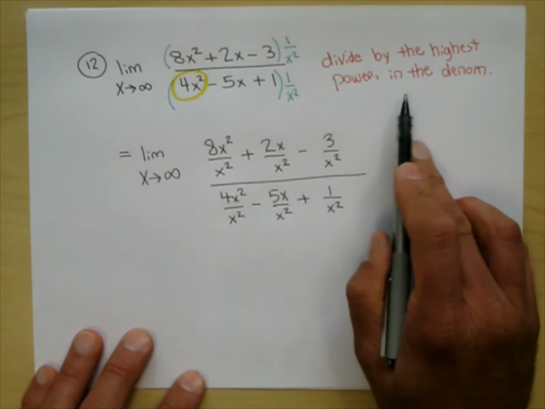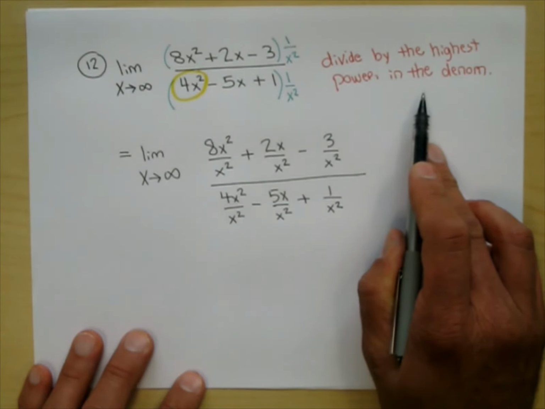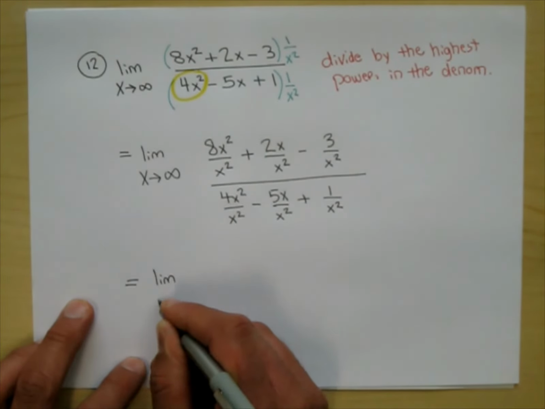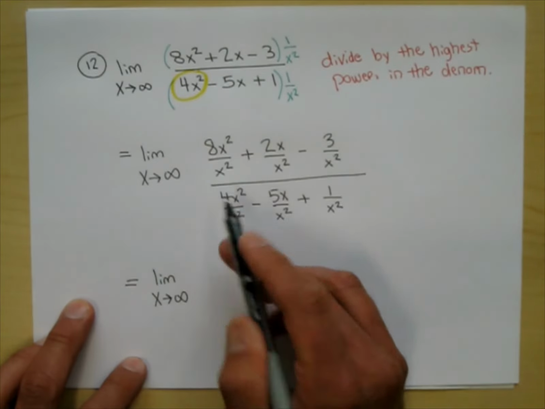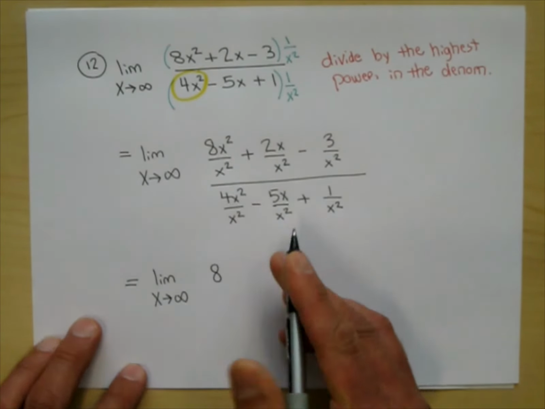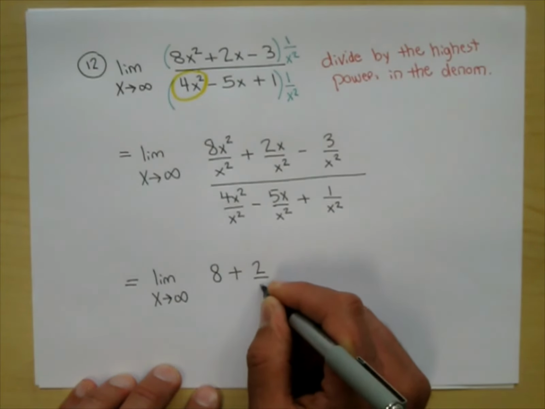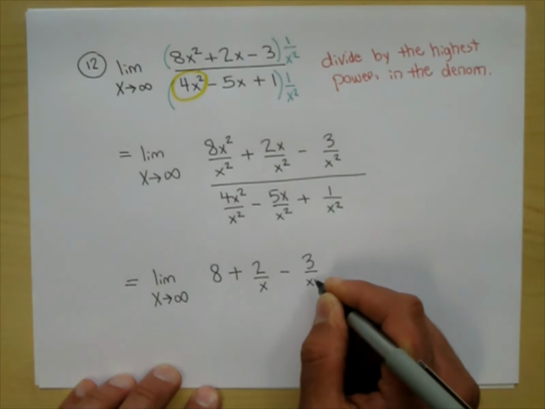So this little rule will get us the answer in a lot of these problems. Because watch what happens. This is the limit as x approaches infinity. This guy right here is just an 8. 8 plus 2 over x minus 3 over x squared.